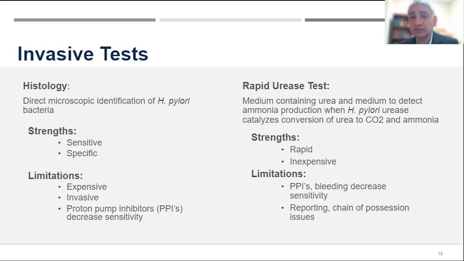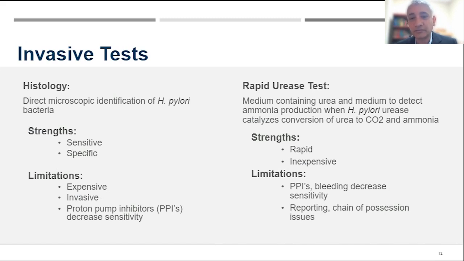The limitations of the procedure are similar to histology, that sensitivity tends to suffer when patients are on acid-reducing medications such as proton pump inhibitors, and also when the sampling is done at a time when the patient is having gastrointestinal bleeding, the ambient bleeding can reduce the sensitivity of the test.